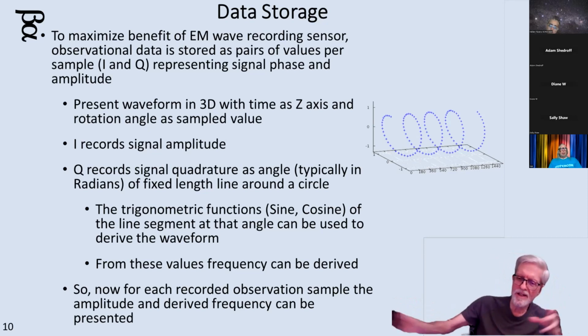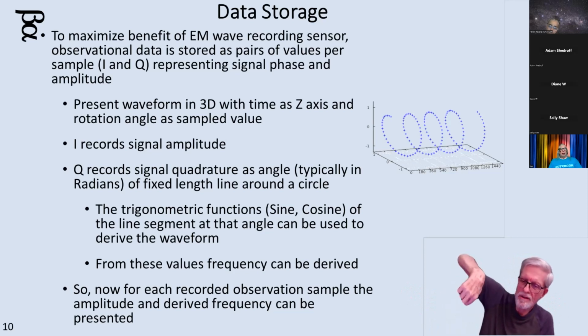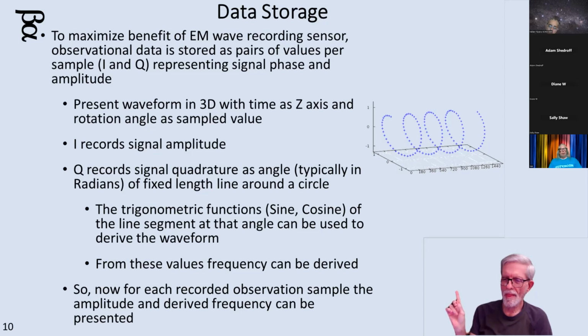But in 3 dimensions, you can stretch it out like a spring, and then instead of measuring the frequency of the wave, you just measure the position of the dots around 360 degrees. And once you have that, you can use sine and cosine functions to reproduce the wave and actually analyze the frequency of it.